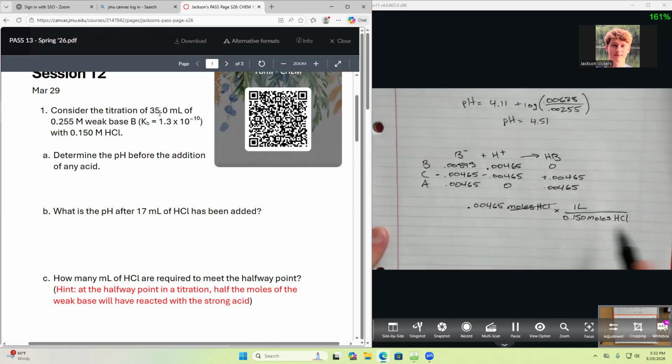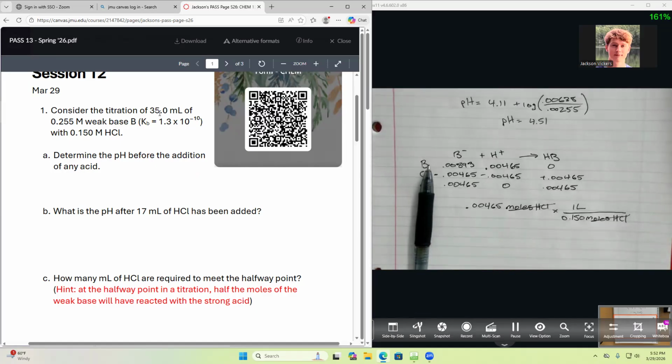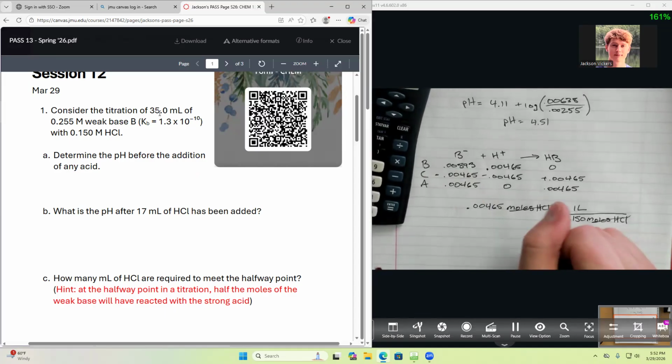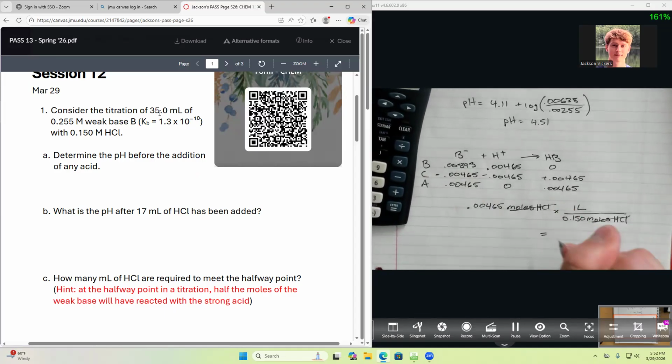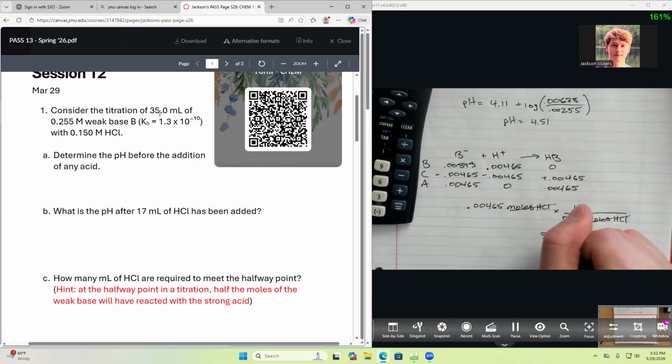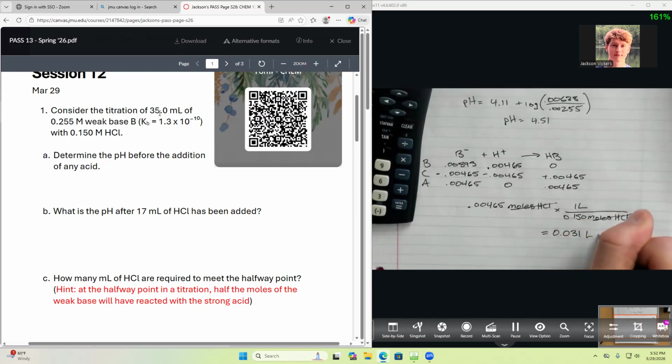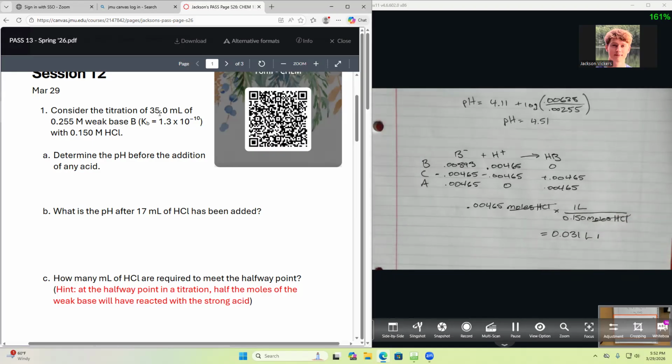And now we can cancel out the unit of moles and find the exact volume that we had to add to get here. And for me, that equals 0.031 liters of HCl.